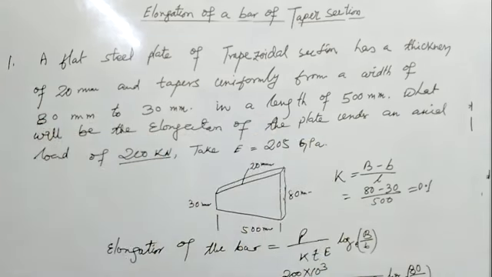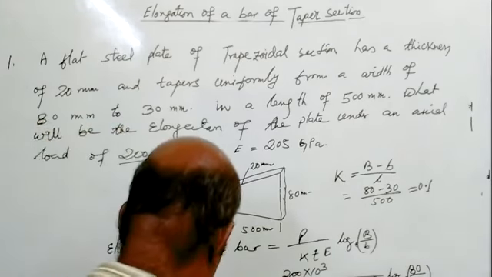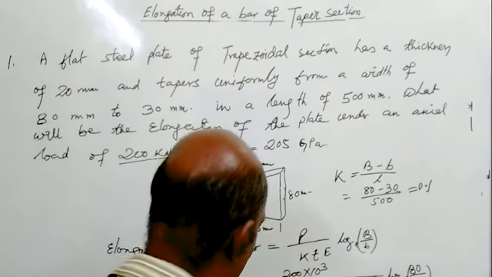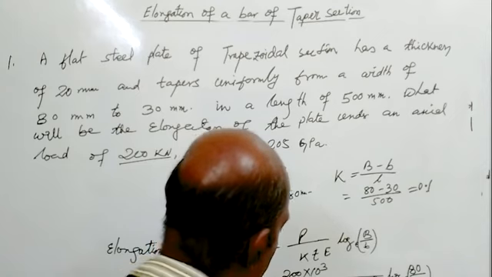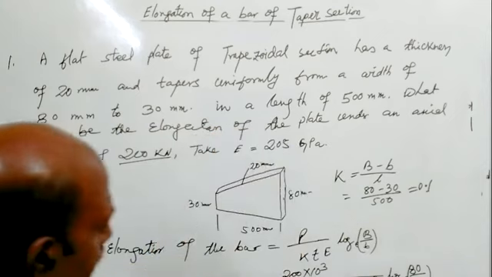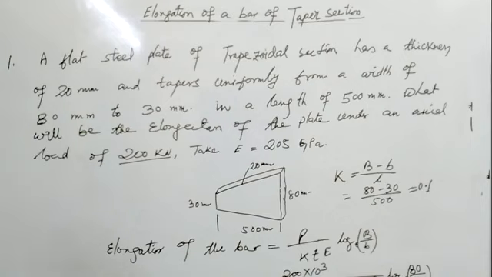If we solve this using calculator, it will give you 0.488 millimeter. So this is the answer of this question. If we know the derivation, it is very easy to solve the problem.